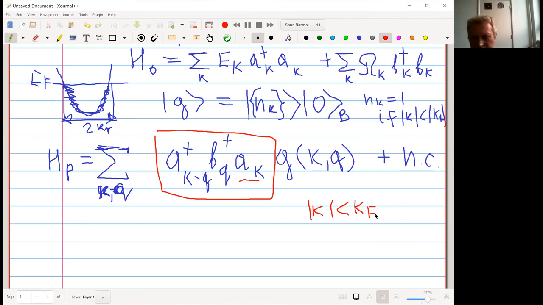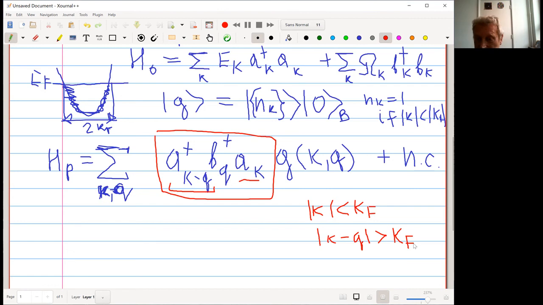A photon can be created, all right? And an electron has to be created in this state. That also implies that K minus Q must be bigger than K_F.